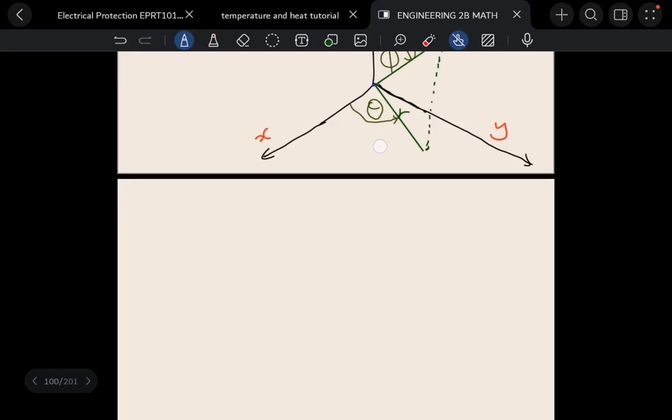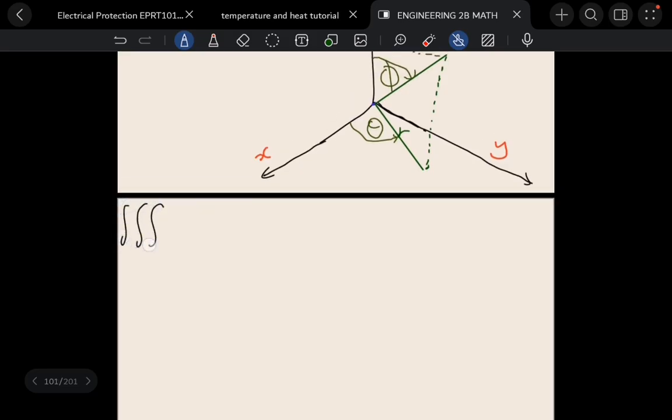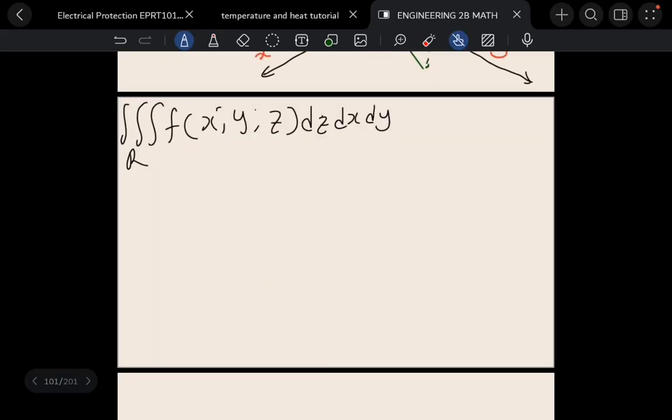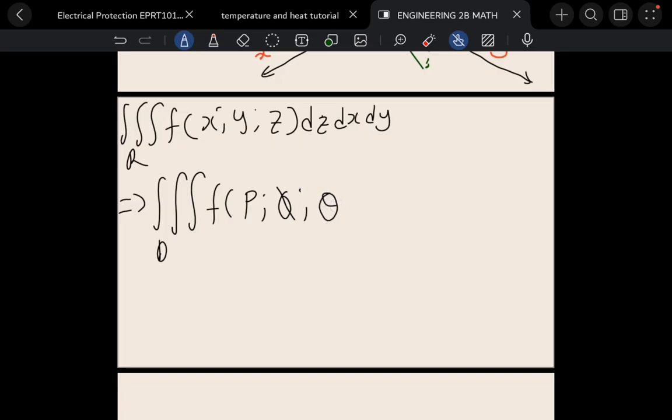Now, how will they change? Since you are integrating, if you are given a problem in rectangular coordinates, we can rewrite this integral to f of rho, phi, and theta, rho squared sine phi d rho d phi d theta.